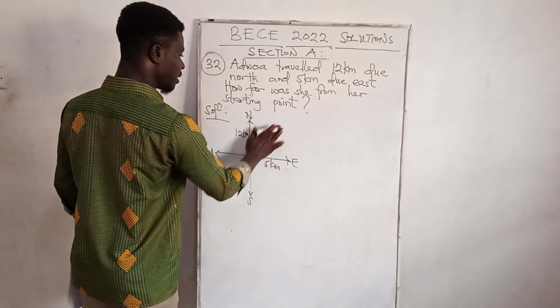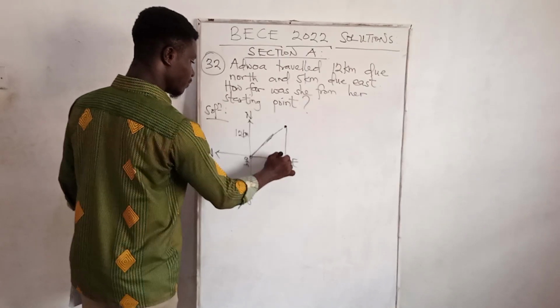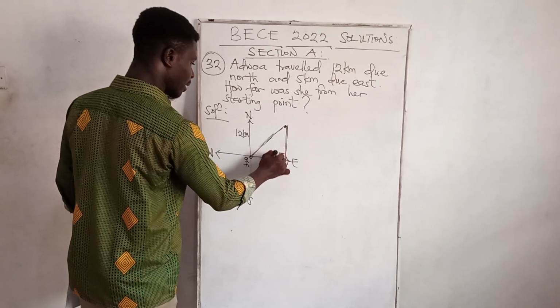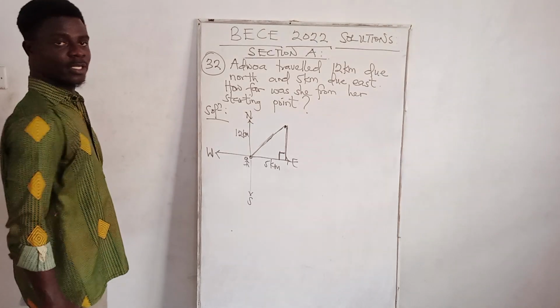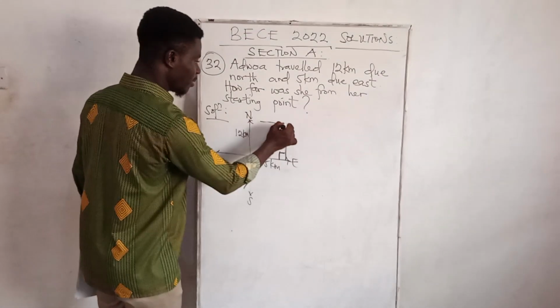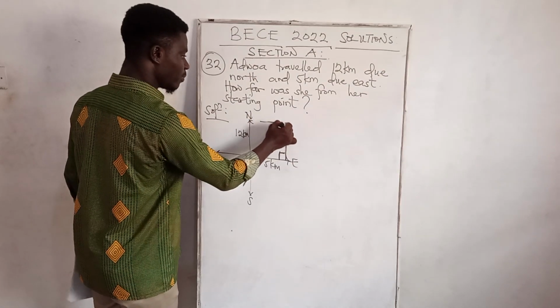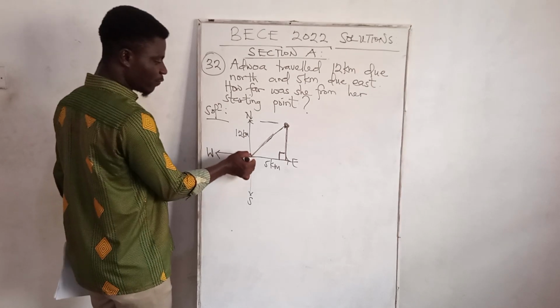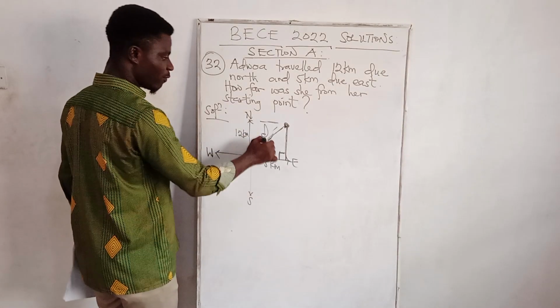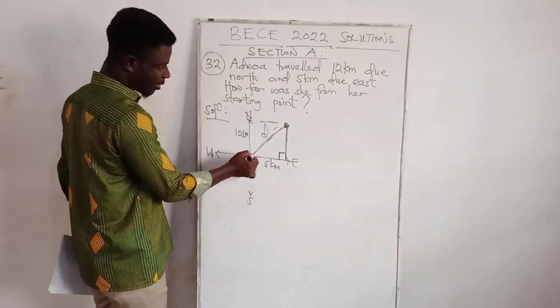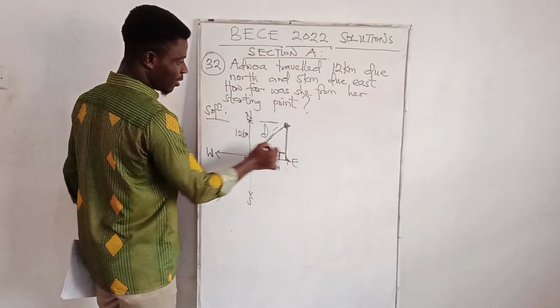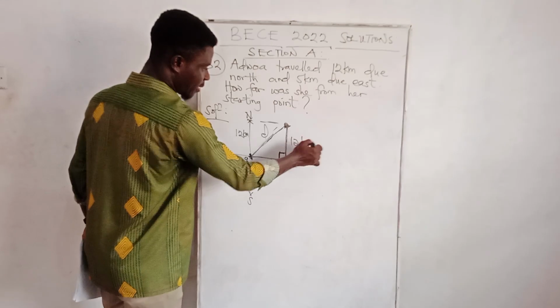So now we can get a right angled triangle. How far was she from this starting point? We have to find the distance here. This length here is equal to this length here, so I can write 12 kilometers here.